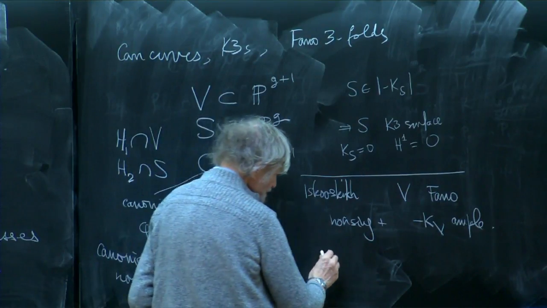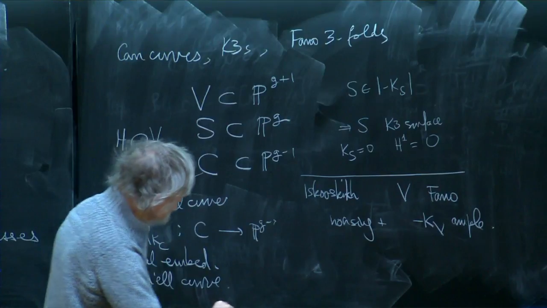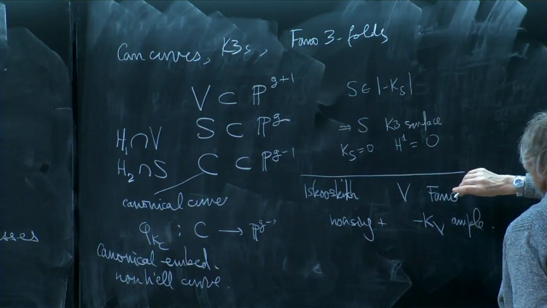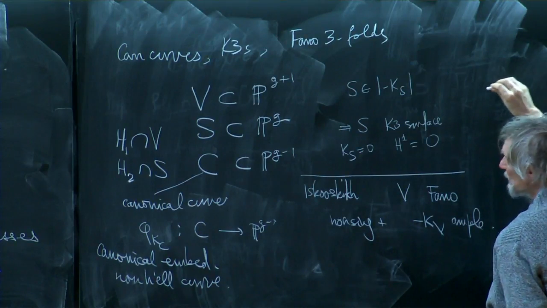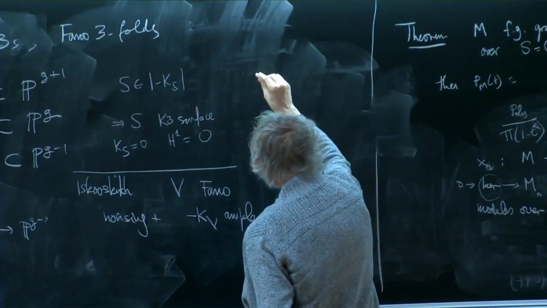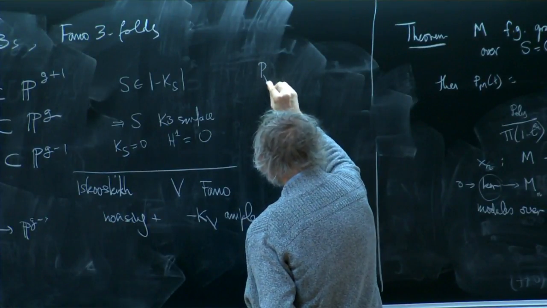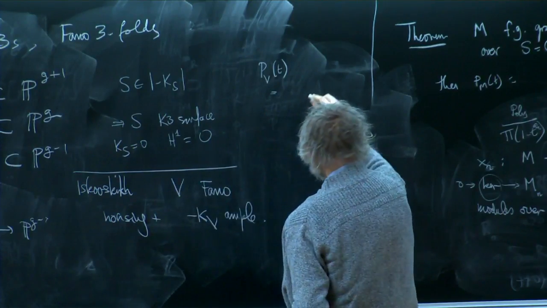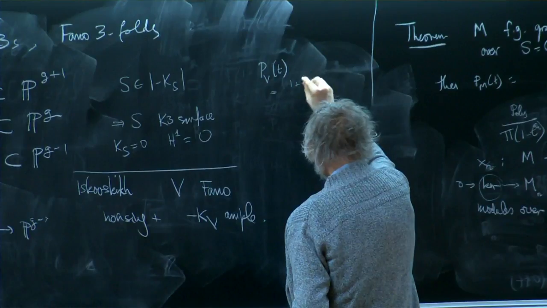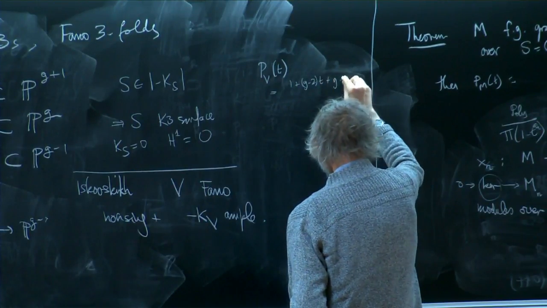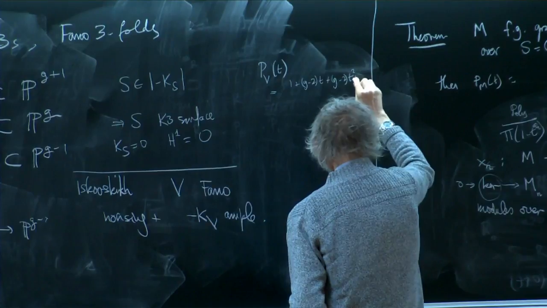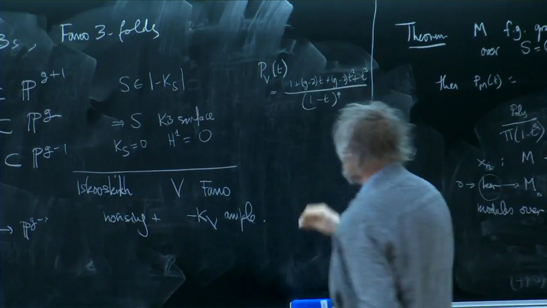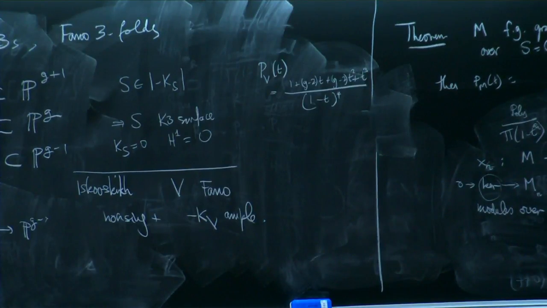I better not stop too long because somebody wants to use the room. So the Hilbert series of this V is the thing I wrote over there: (1 + (g-2)t + (g-2)t^2 + t^3) divided by (1-t)^4.